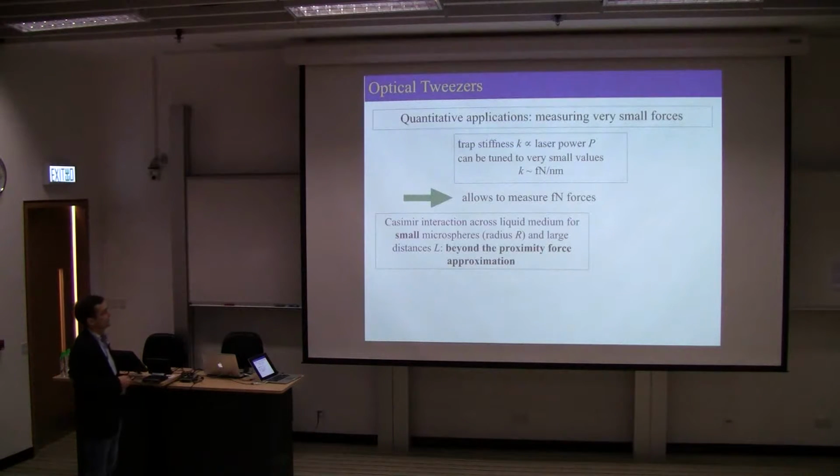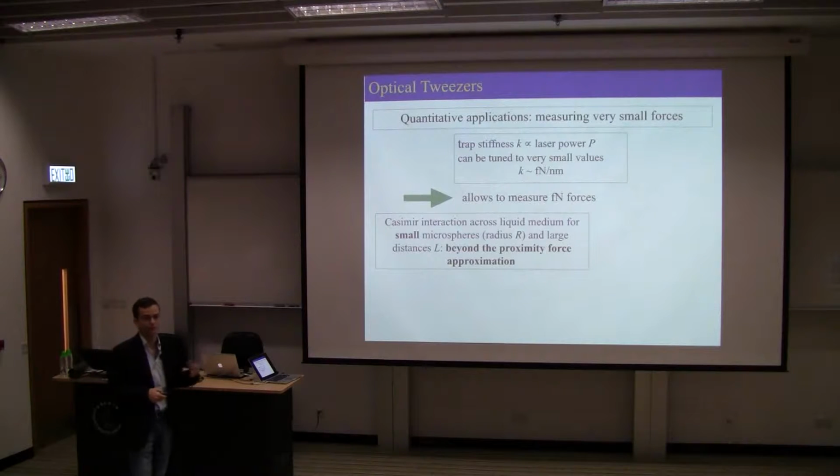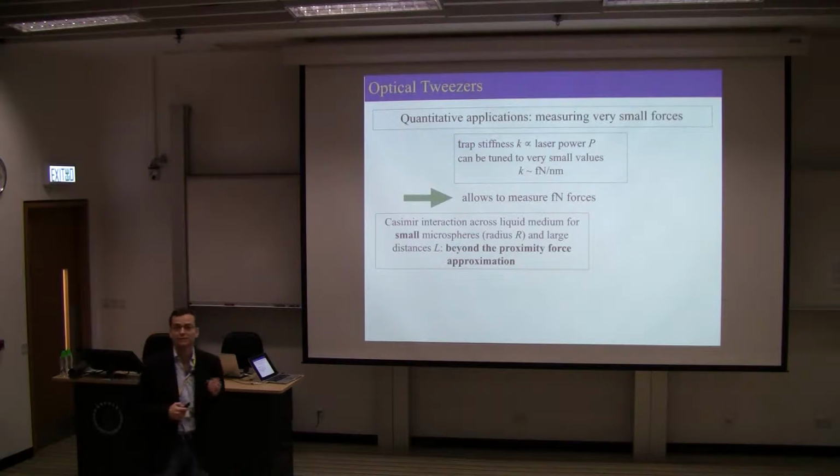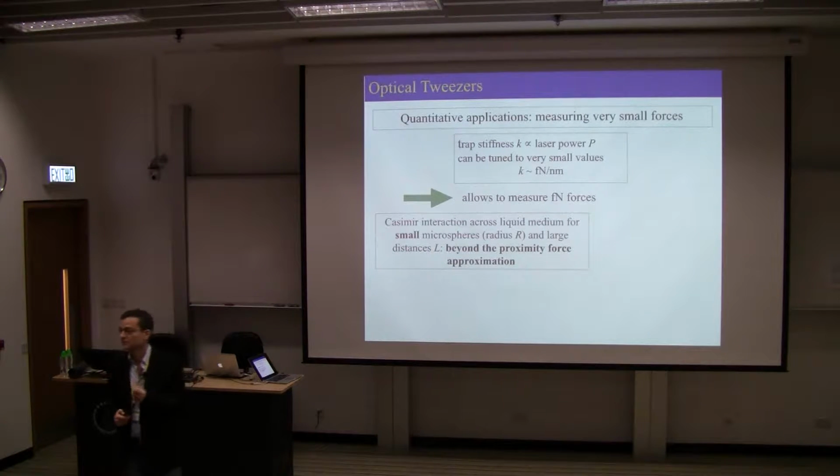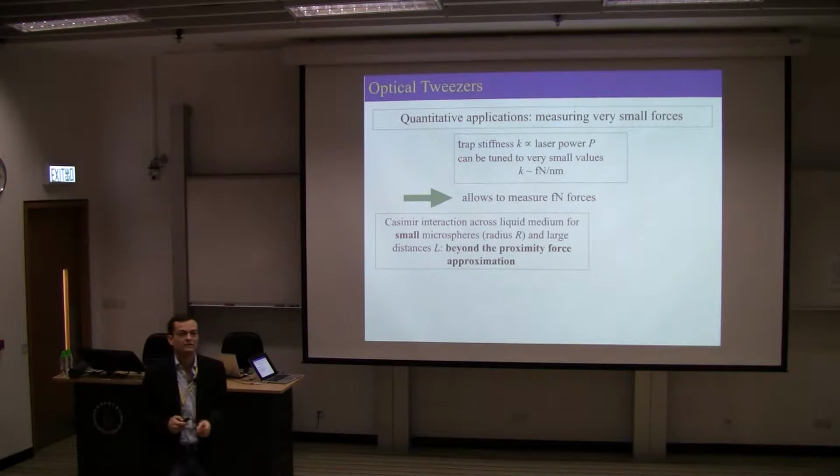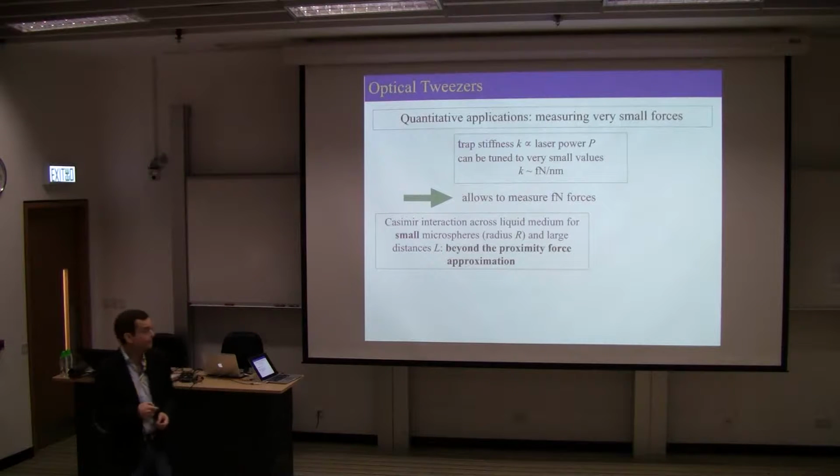So a very nice feature of optical tweezers is that the trap stiffness is proportional to the laser beam power. So there is a knob, right? This is a very nice feature. I can tune the stiffness to the value I want in principle, okay? And so, this is very different from the AFM setup, right?